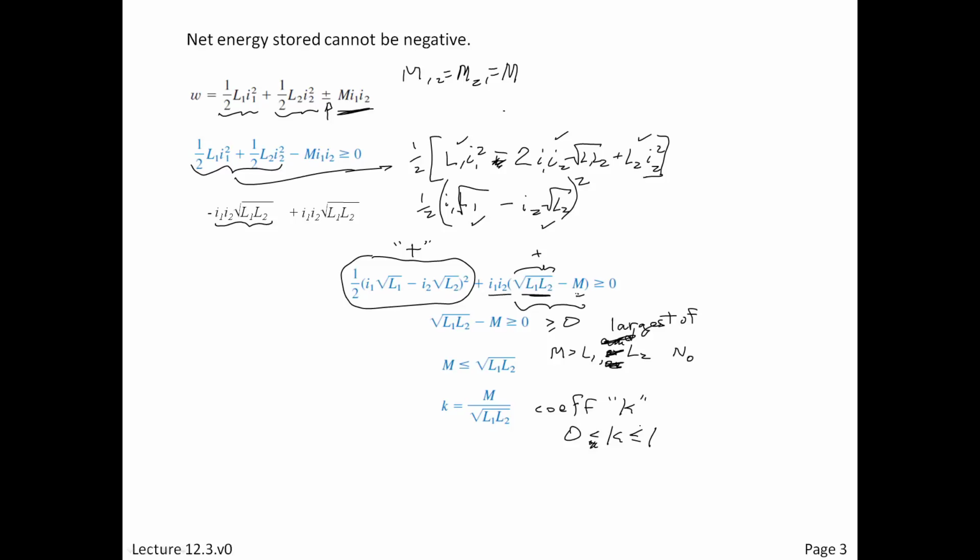And it automatically tells you something about the physics of it that we can expect. The higher this number, the closer it is to 1, the better the coupling, and the more each coil, each self-inductance coil, is going to affect the other one. And we want that to happen. Okay?